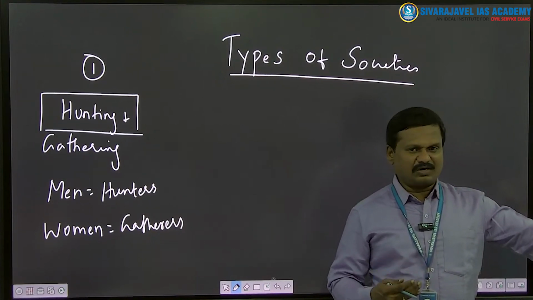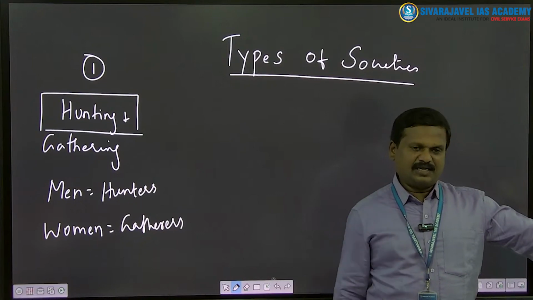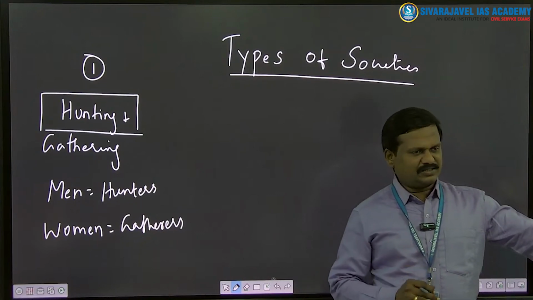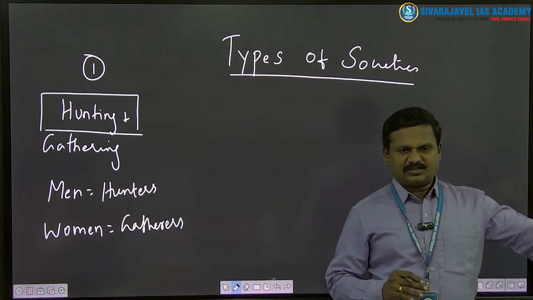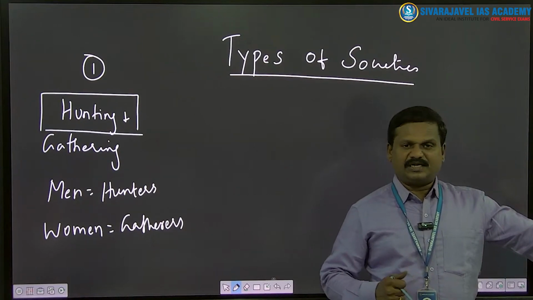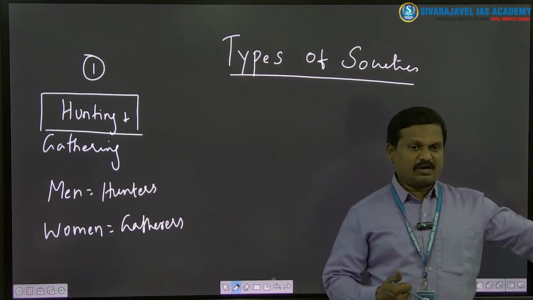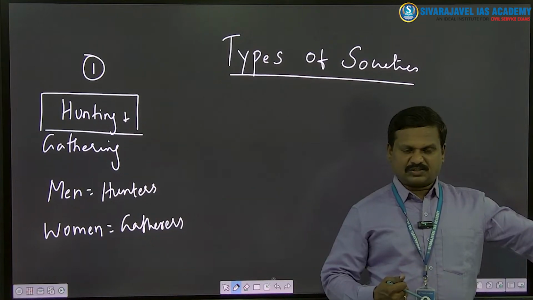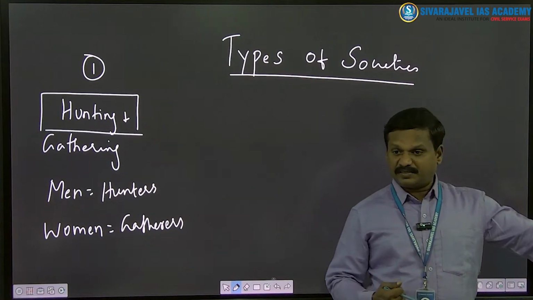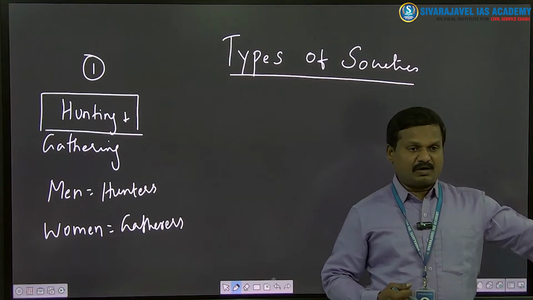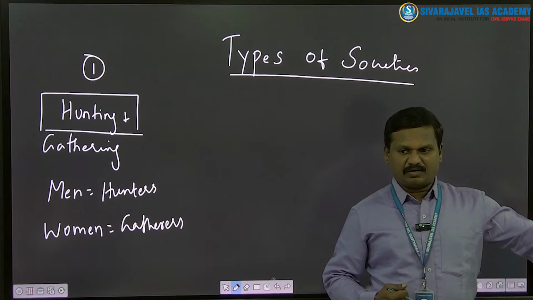We'll be discussing all these in the subsequent classes. Generally speaking, it is not because of the physical superiority or muscular power of men that men are dominant and women are subordinate. It is not like that.